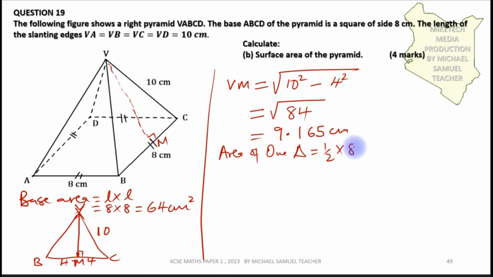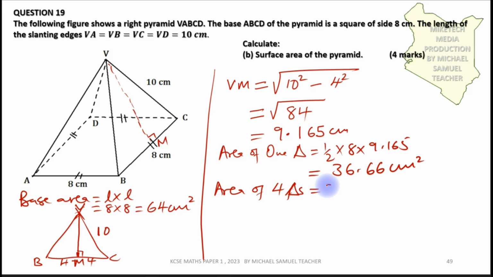Base is 8, times height 9.165. So we end up getting 36.66 centimeters squared.